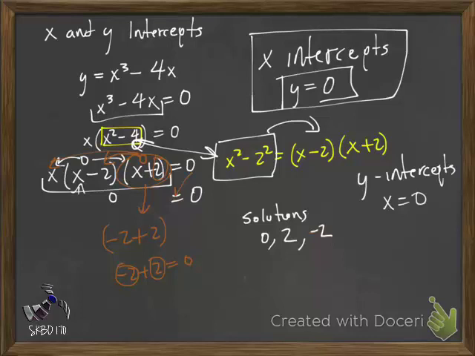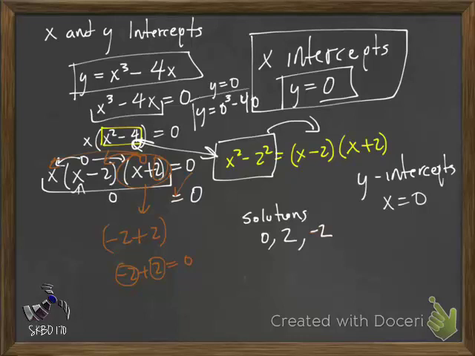If you put zeros in all the x you have in this equation, y equals 0 cubed minus 4 times 0.